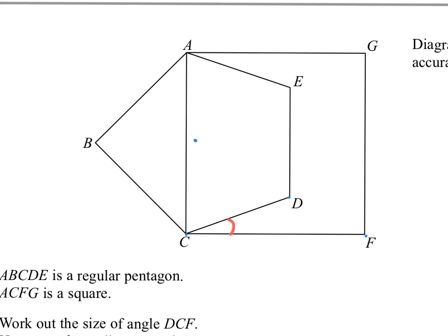So the centre is going to be around about here, and I'm just going to draw from a vertex C to the centre here, and then to D. Let me get this right. Okay, like that. Call this O, and then I'll do another one here, I think.